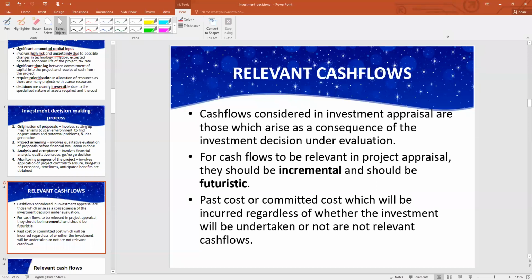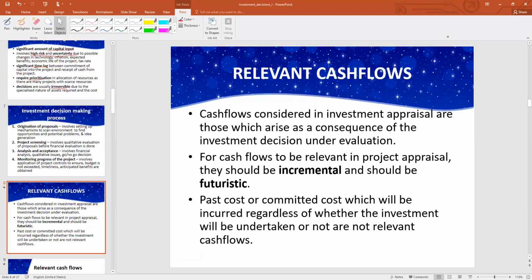If we buy this new machine, the cost of electricity will decrease from 100,000 to, let's say, 85,000. So what's the incremental saving? It is 15,000. You used to incur 100,000 per month, now you only incur 85,000. That's a plus, a saving. It is a decrease in the company's cost.